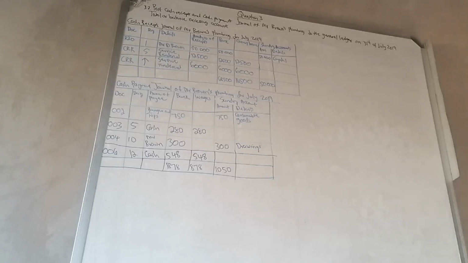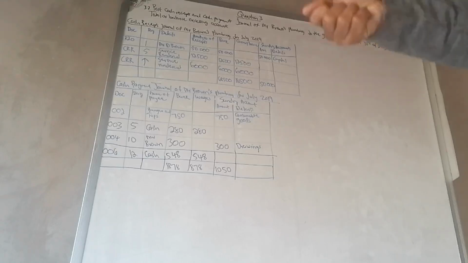Cash payment records all the cash that was drawn against the account of the business. All of those payments that we made using a check. This is the amount of money that went out of the business.